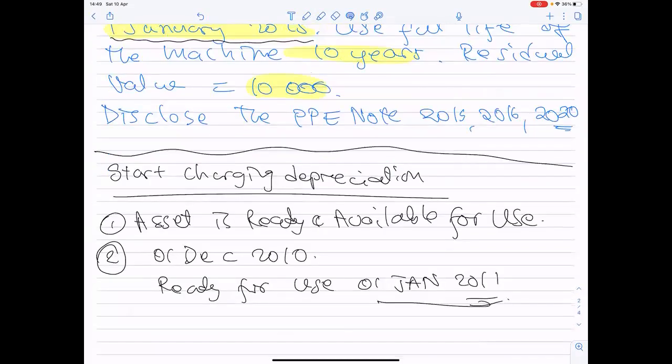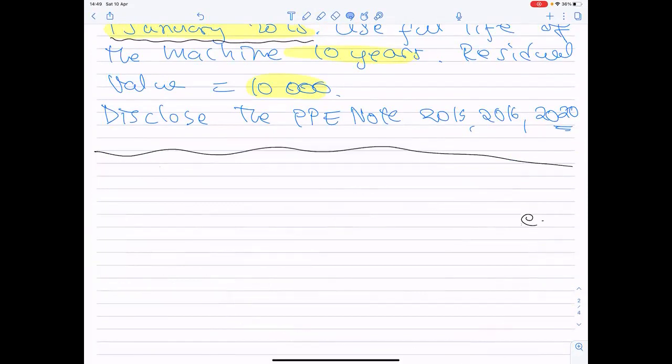Now, depreciation has many methods. There are so many methods of calculating depreciation. In our syllabus, we are going to be depreciating our asset based on the useful life of the asset.